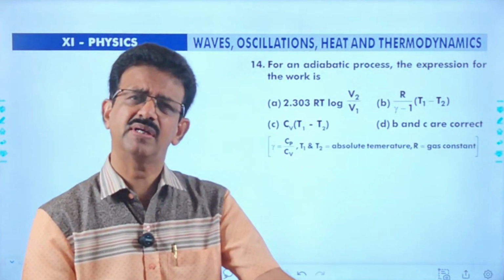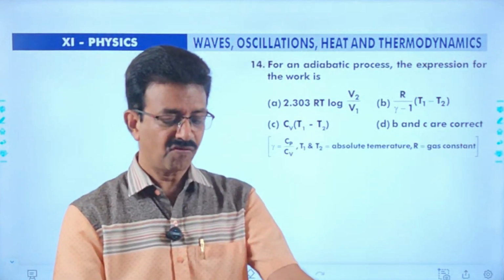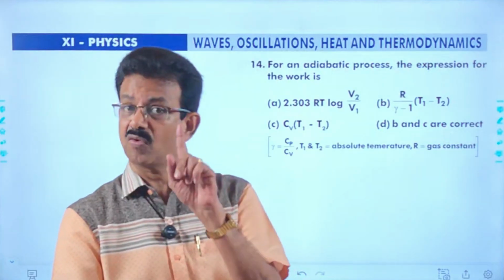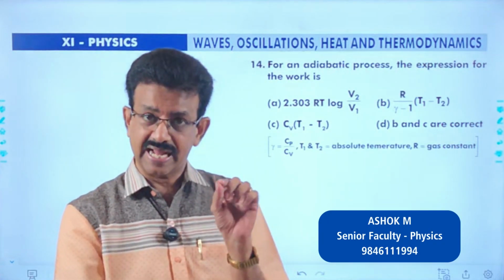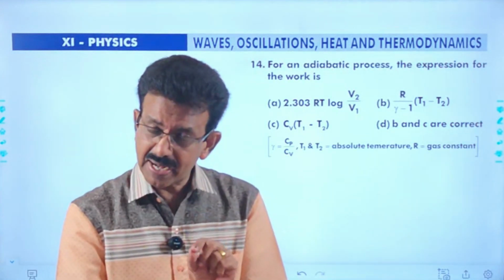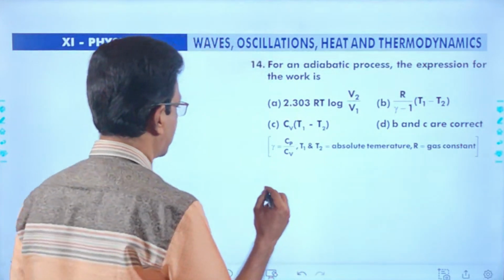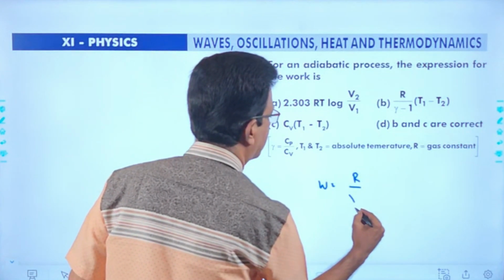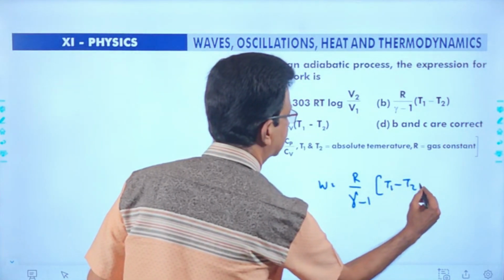It's a direct question about a formula. For an isothermal process, the work is 2.303 nRT log V2 by V1. For an adiabatic process, for 1 mole, W equal to R by gamma minus 1 into T1 minus T2.